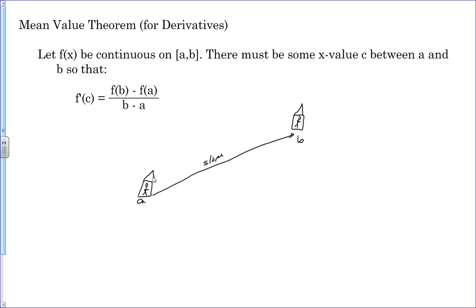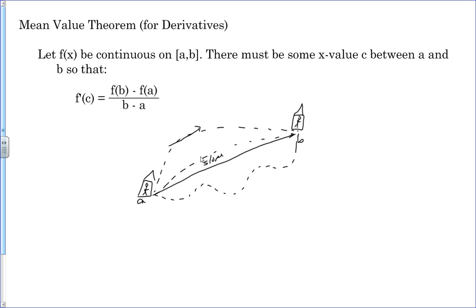Now, what the mean value theorem says is no matter what path you take, you could even do a path like this, somewhere along there, the slope is going to be the same as this slope here.